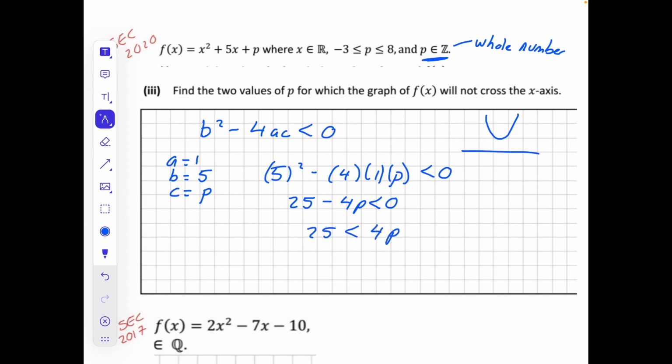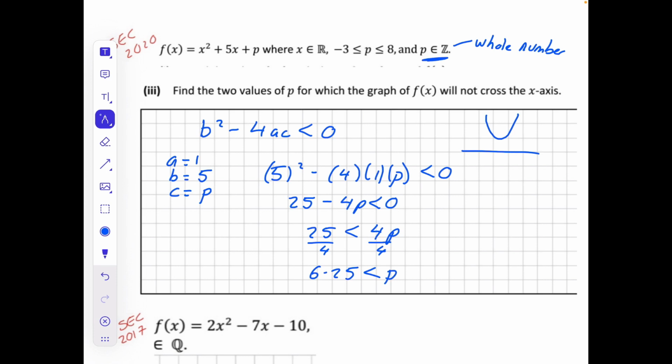So we get 25, and then divide both sides by 4. So that is 25 divided by 4 is 6.25. Okay, so p is greater than 6.25 is what that says.